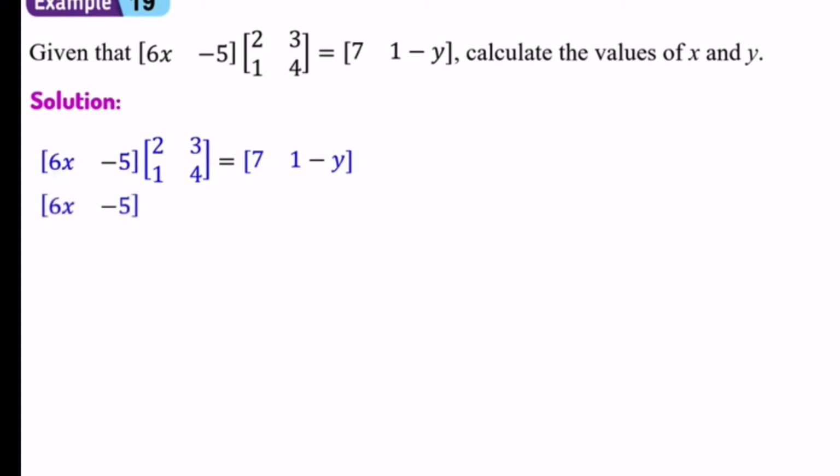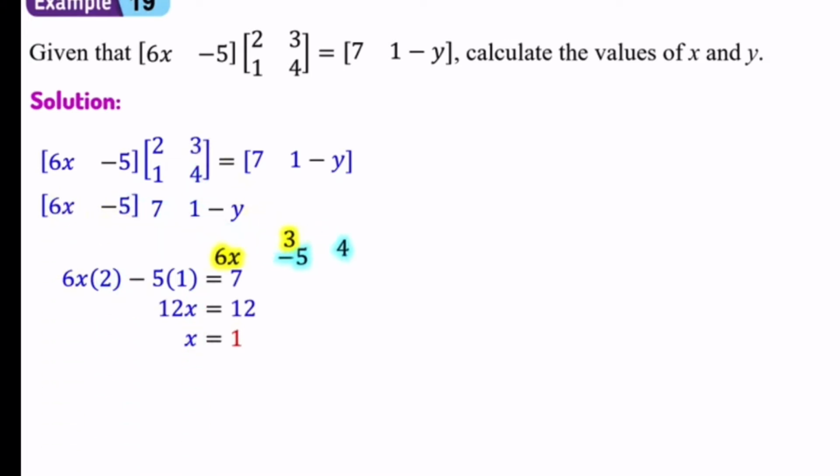So this is the row followed by the matrix. 6x times 2 plus negative 5 times 1 equal to 7. So if you solve the x, you will get the answer, which is 12x equal to 12. So x is equal to 1.